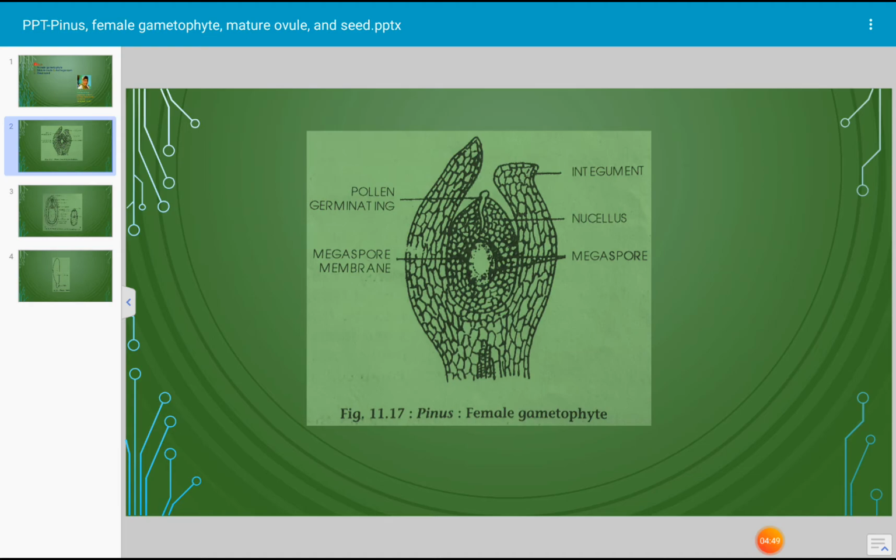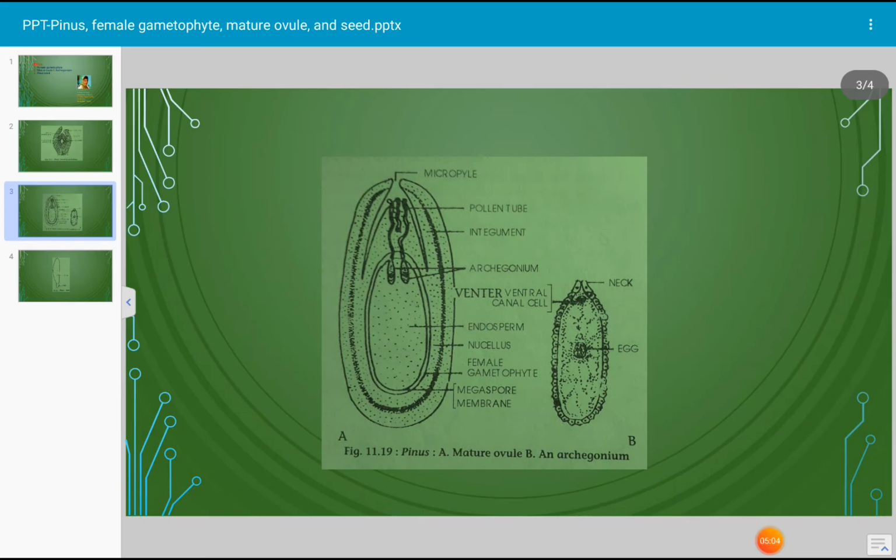This is the description of archegonium. Neck canal cells are absent. The central cell enlarges many times and becomes vacuolated. The nucleus of the central cell divides and forms a small venter cell and a large egg cell. The venter canal cell soon disorganizes.